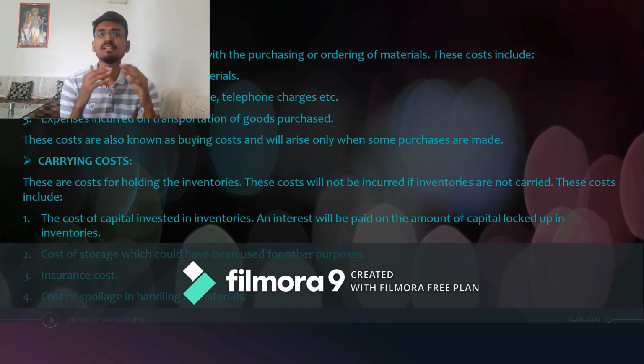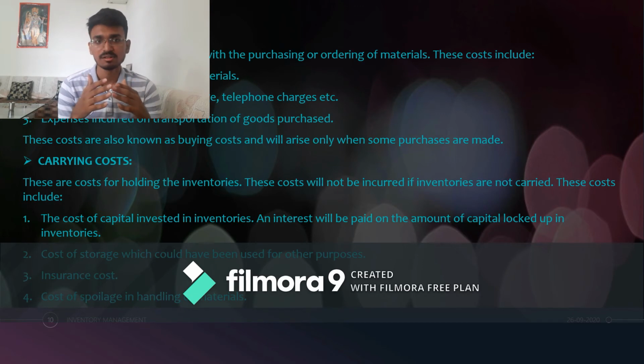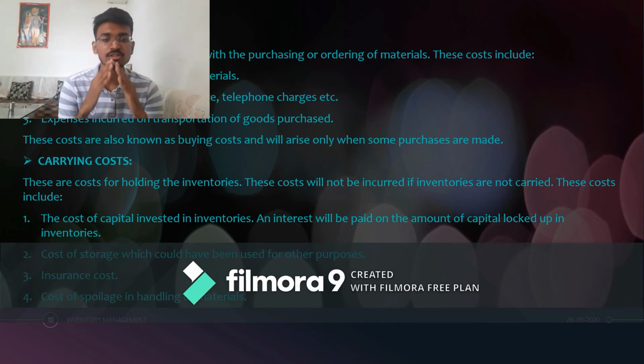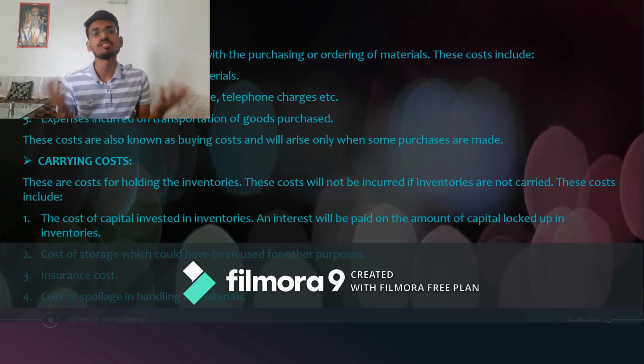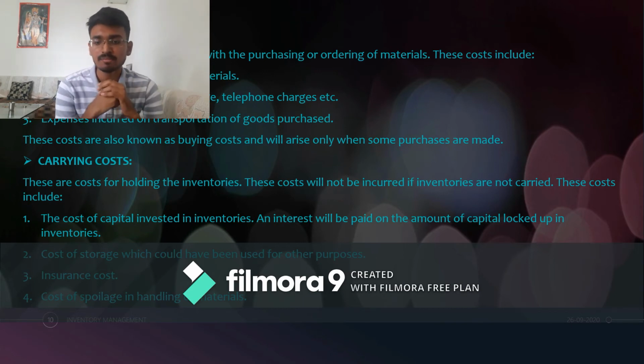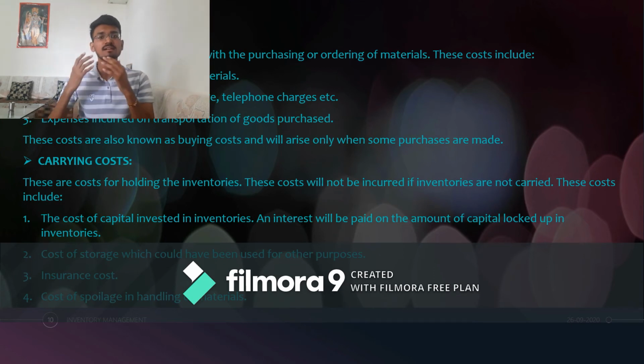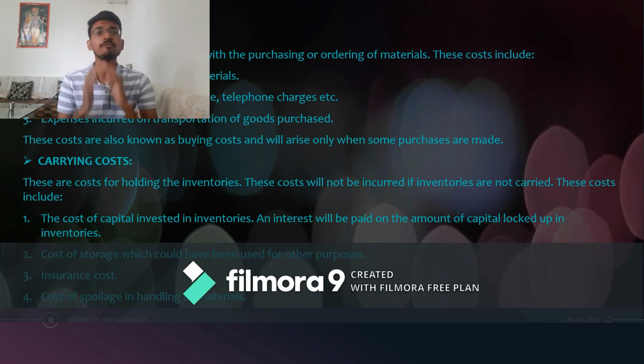Next is the cost of stationery and telephones, some basic things for ordering. And the next is expenses incurred on transportation of goods purchased, which is the transportation cost for ordering. These costs are also known as buying cost. They come under the cases where we buy or purchase the inventory.